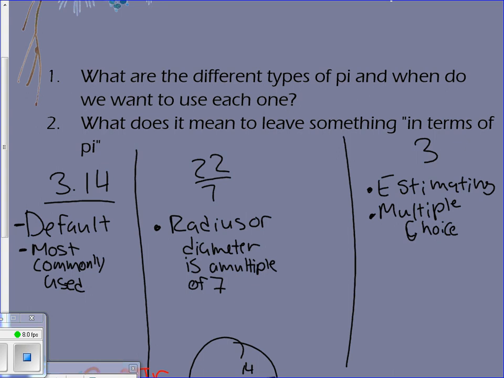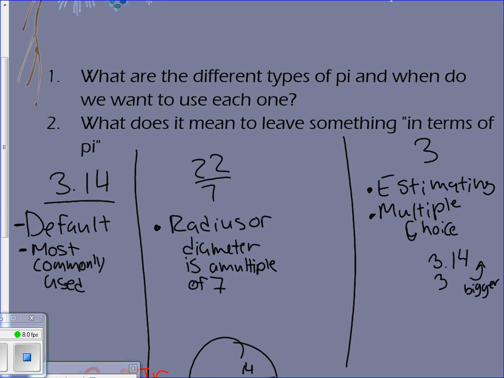So what he's saying is that usually with the answer choices, they'll be really drastically different numbers. When you multiply by 3, it will get you still close to the answer, but the actual answer will always be a little bit more, because if we go from 3.14 to 3, we're rounding down. So our answer is actually going to always be just a little bit bigger. Does that make sense?